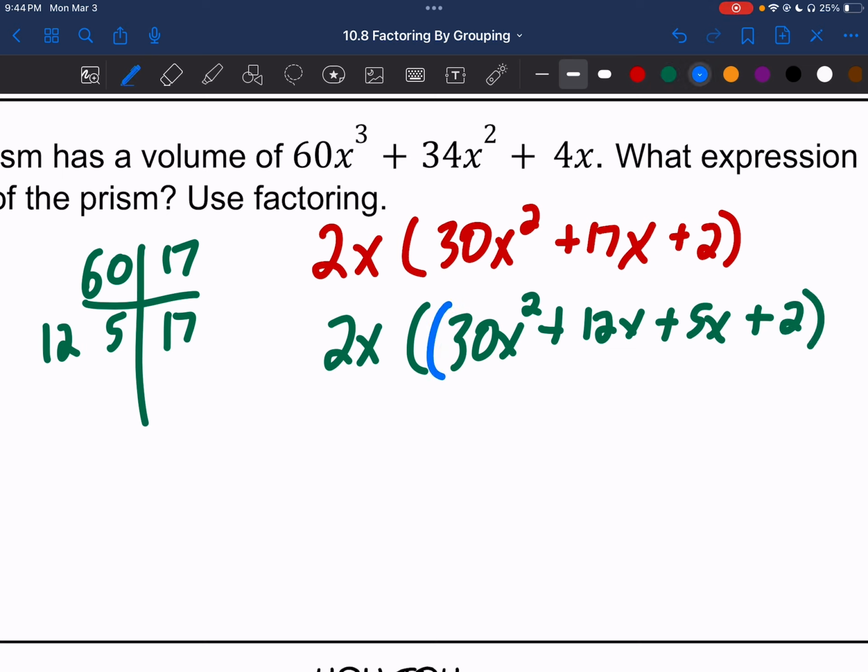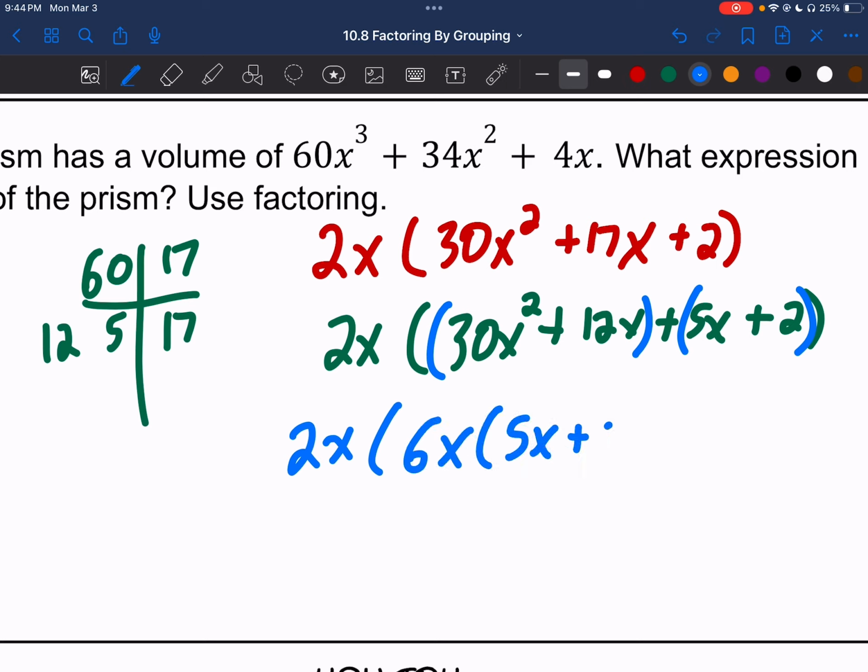And we put in our parentheses. And what do we get? Well, 2x is still out in front. 30x squared plus 12x, common factor there is a 6x, and we're left with 5x plus 2. And then we have 5x plus 2, so the common factor there is 1, and we have 5x plus 2.